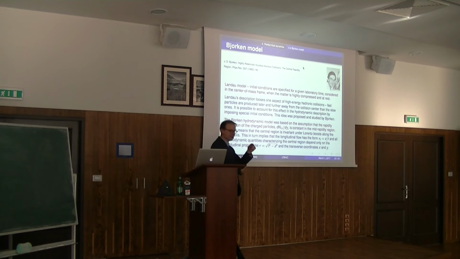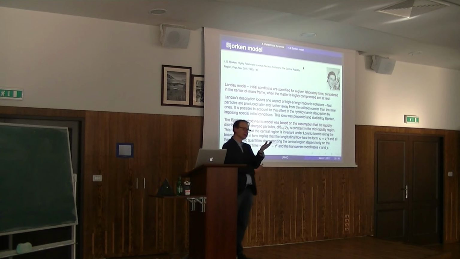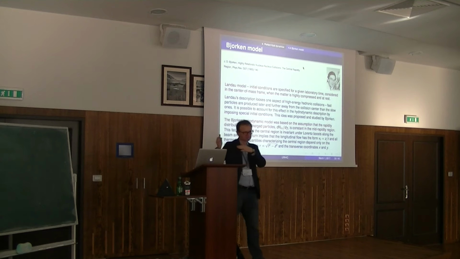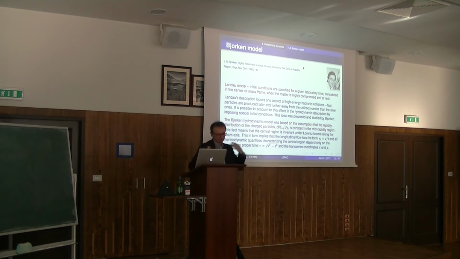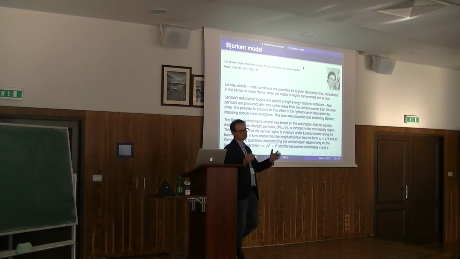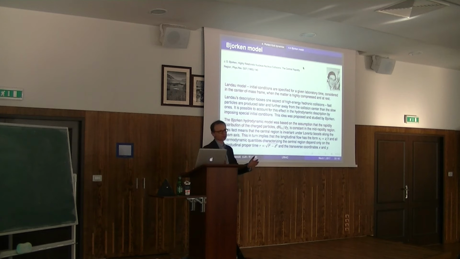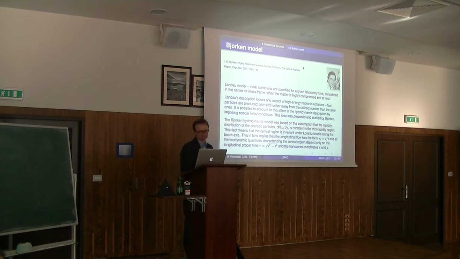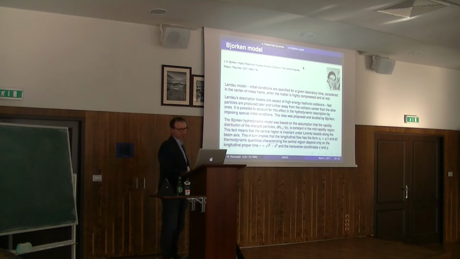So dN/dy should be a scalar. If you have dN/dy measured in one system, the shape is the same in other systems which differ by the Lorentz boost. This is why we always plot such distributions, because if you measure it in the laboratory frame, then it has the same shape as in the center of mass frame.